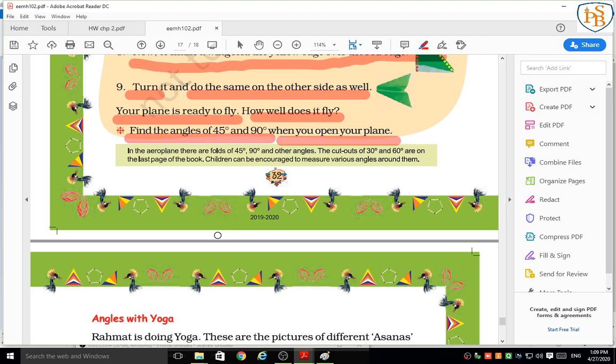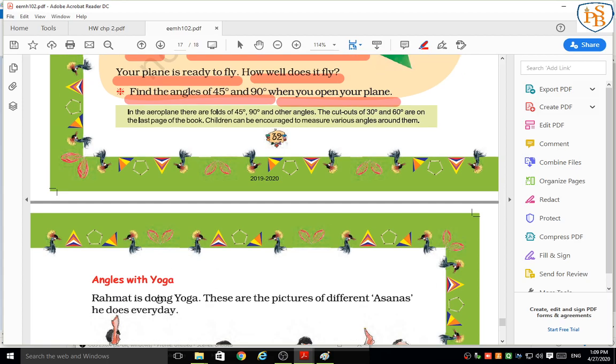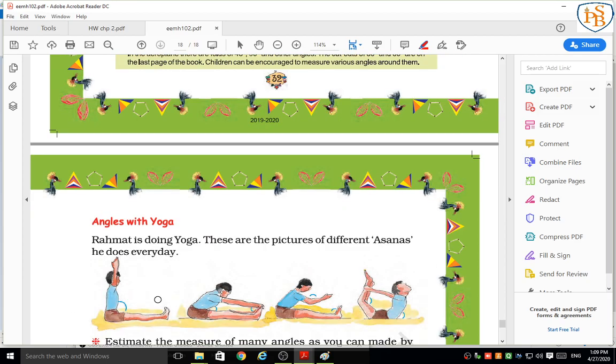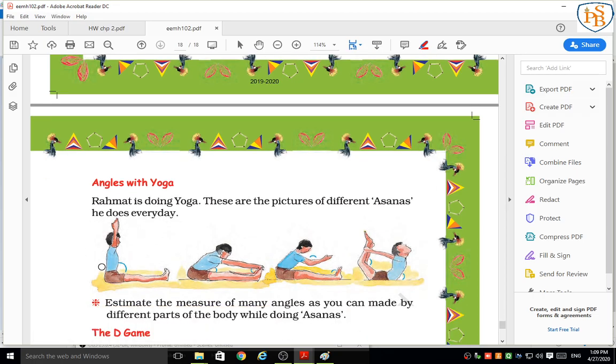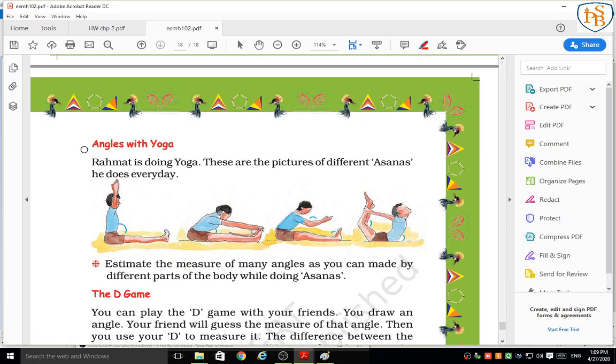Now let's come to the last point of the chapter. Only the last 2 points we have. The simple point, angles with your yoga. So what is yoga, students? Are you doing yoga daily at your home?